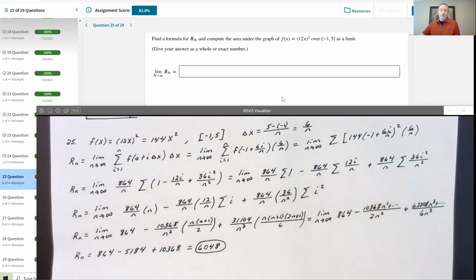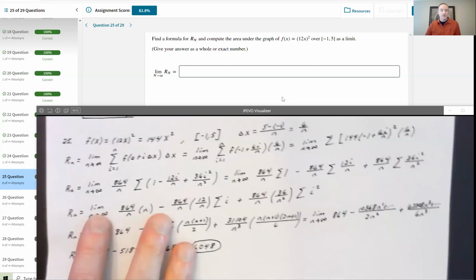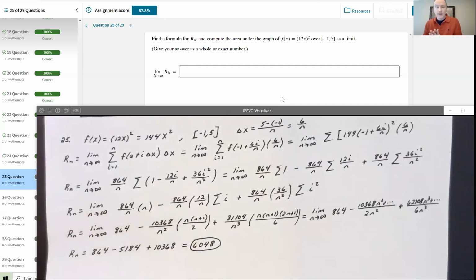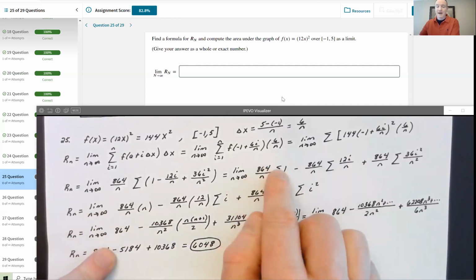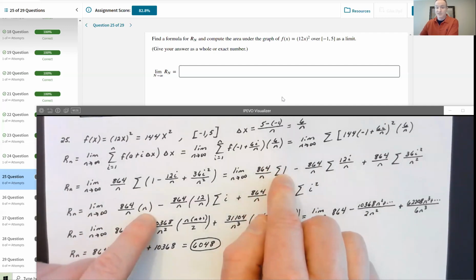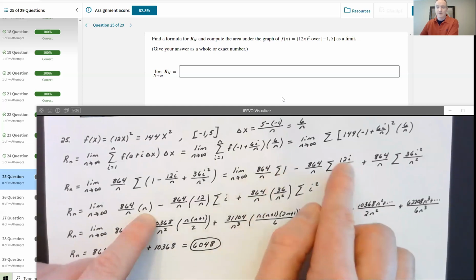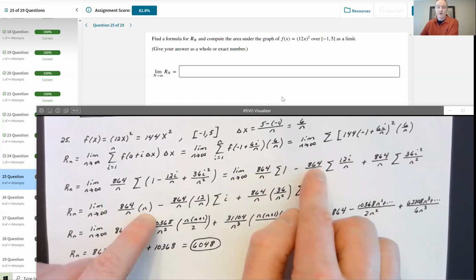So now I can say, okay, this is looking pretty good at this point. I'll go ahead and bring out any terms I can. I know that the summation of 1 is just n, it's the summation of 1 n times. This next one, this 12 over n comes out in front.